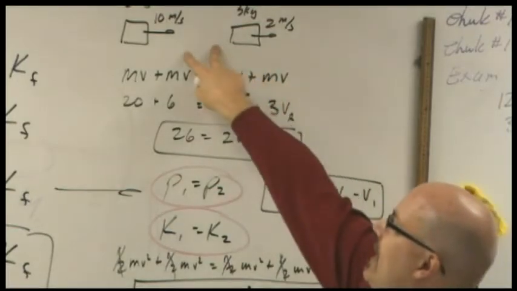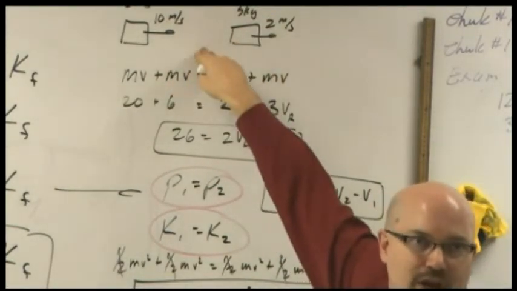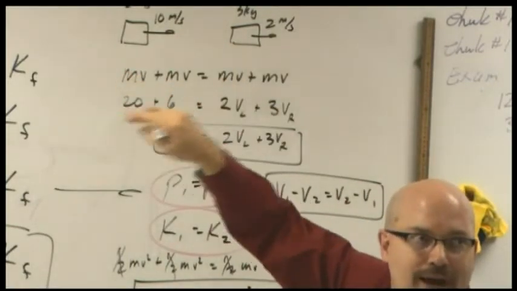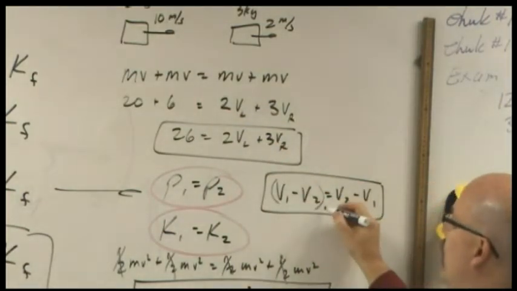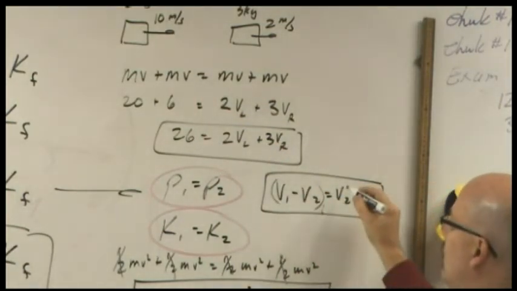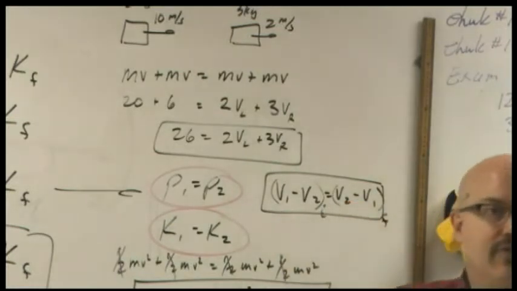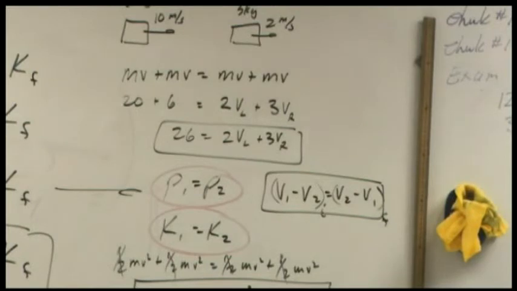Like in this case, you might want to subtract V2 minus V1, so you get a positive number here. So if you do 2 minus 1 here, then after the collision you'll do 1 minus 2. This is for before, or initial, and this is for final. So before the collision you subtract one way, after the collision you subtract in the opposite order. So velocity of approach equals the velocity of recession.